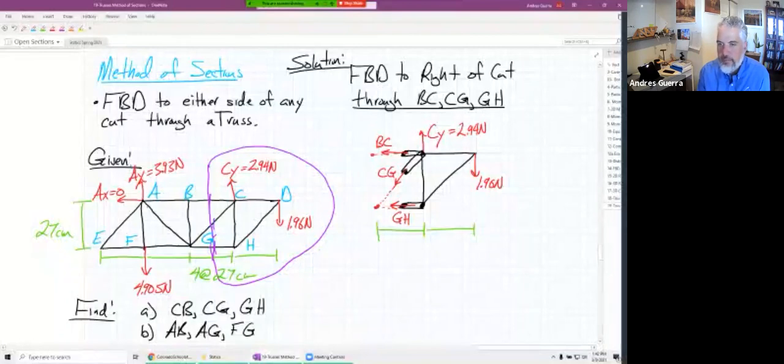So I'll show the next joint over, even though it's technically outside of my FBD, because our purple line over here cuts through all those. We have 27 centimeters. And then we can also show a 45-degree angle, this one up here. It doesn't really matter where we show it.